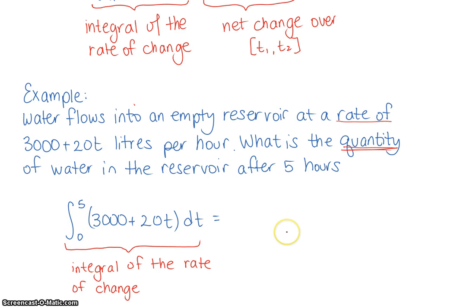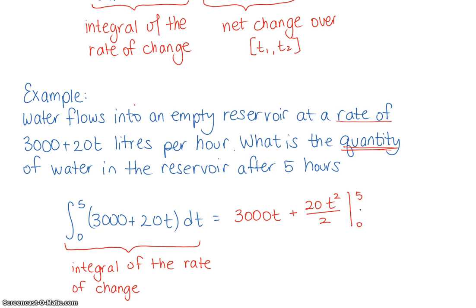We then can take the integral of this, which we know is going to be 3,000t plus 20t squared all over 2, evaluated from 0 to 5. Now we know that it goes from 0 to 5.